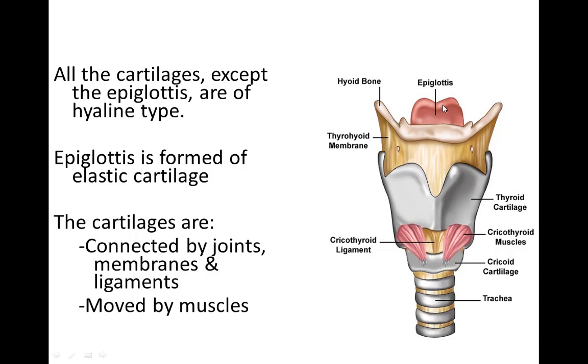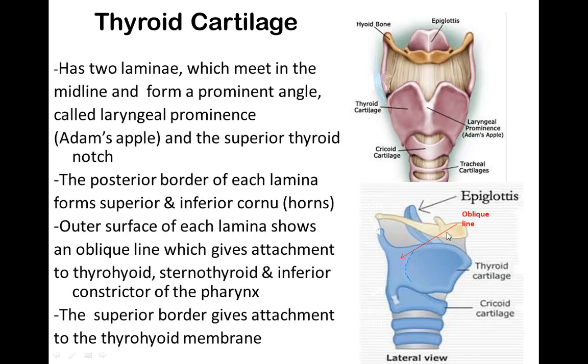So these cartilages are connected by ligaments and membranes, so they can move with the muscle contractions. So this is the cricoid, this is the thyroid, and this is the hyoid bone, okay? And this is the epiglottis.